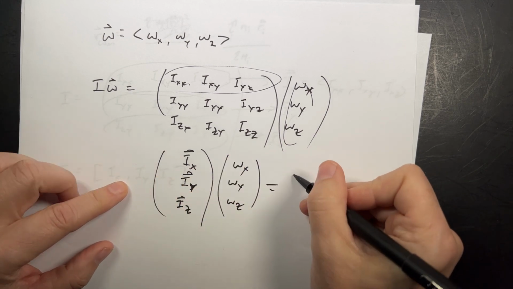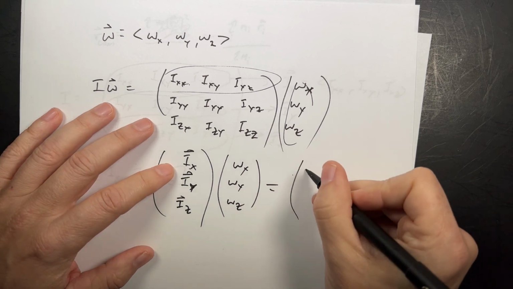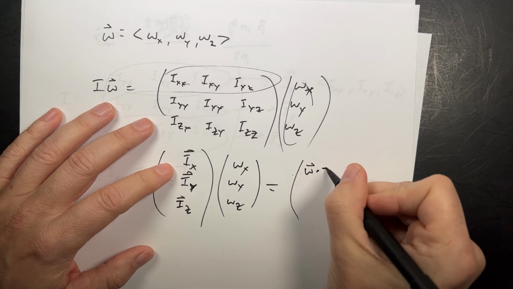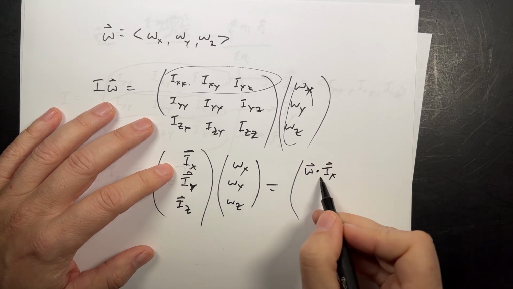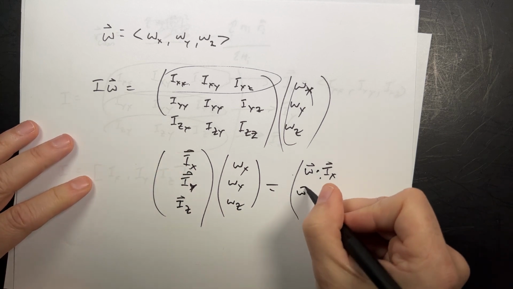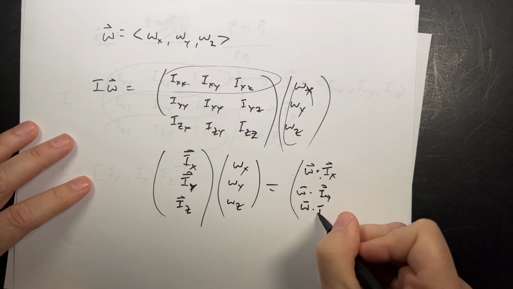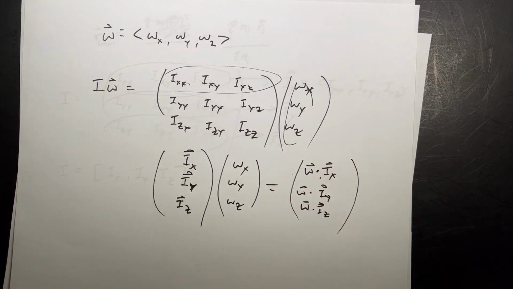So this is going to give me the vector, I can write it as a vertical vector, omega dot ix. That's what's going to go right here. It's going to be this and that. Omega dot iy, omega dot iz. And so the dot product is built into Python, so that's pretty cool.